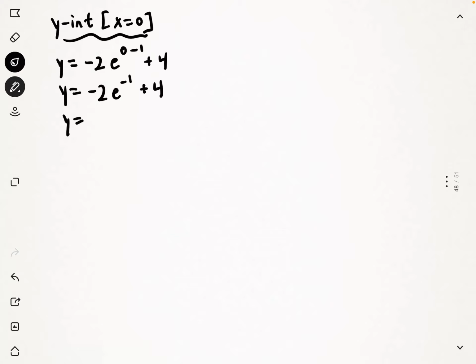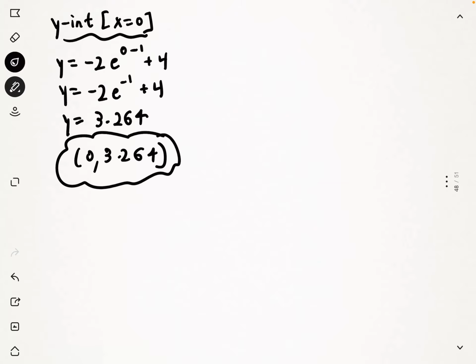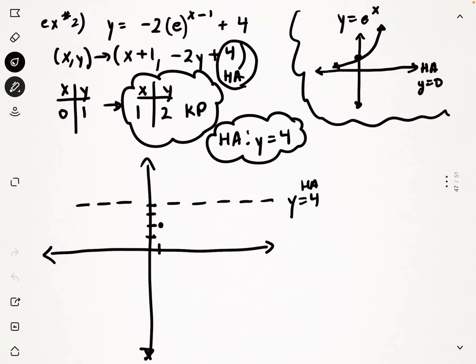So you are going to have a final solution of approximately 3.264. So we're going to have this point right here. That's going to be another key point on our graph. So we can say 3.264, somewhere around there.